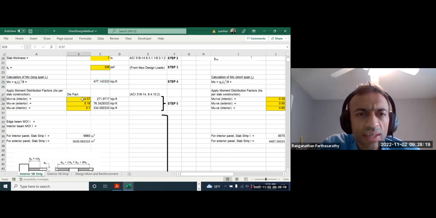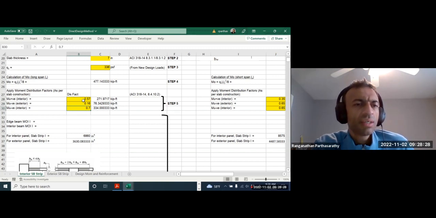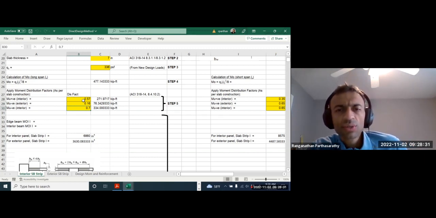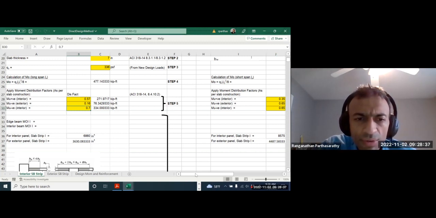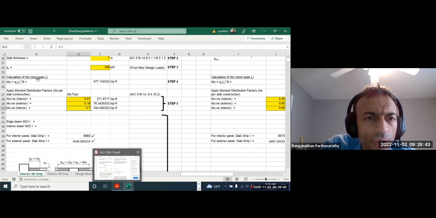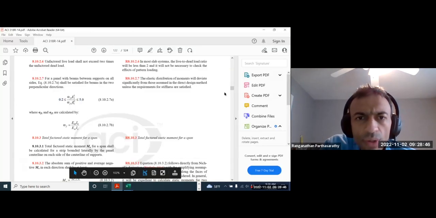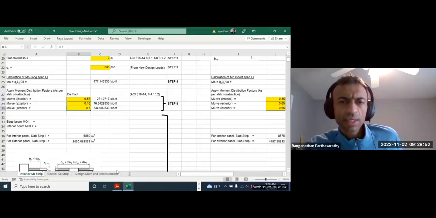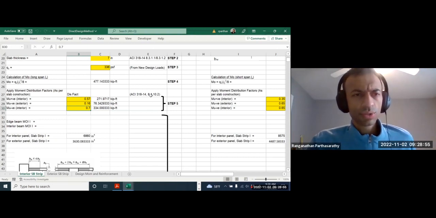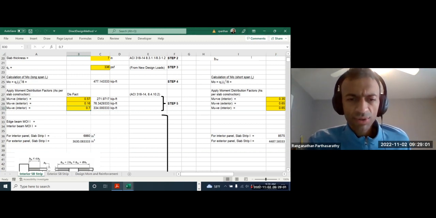Now here is your moment distribution factor. So from where do you get it? This I don't think I've put a code. If you go to 8.4.10.2, I think that is 8.10.4.2.